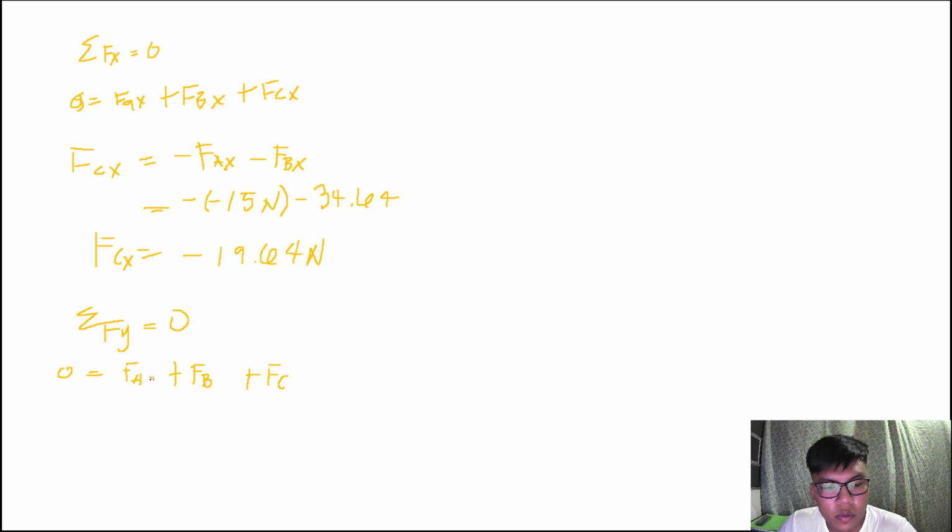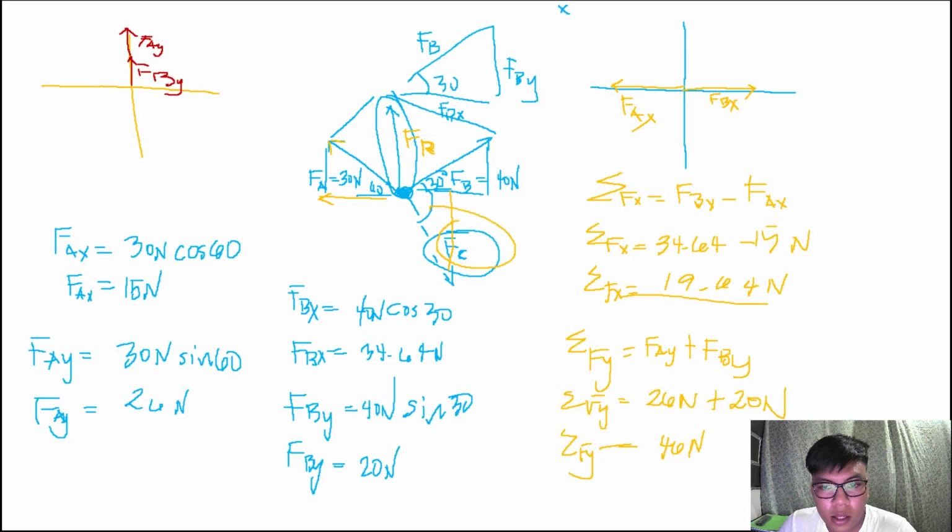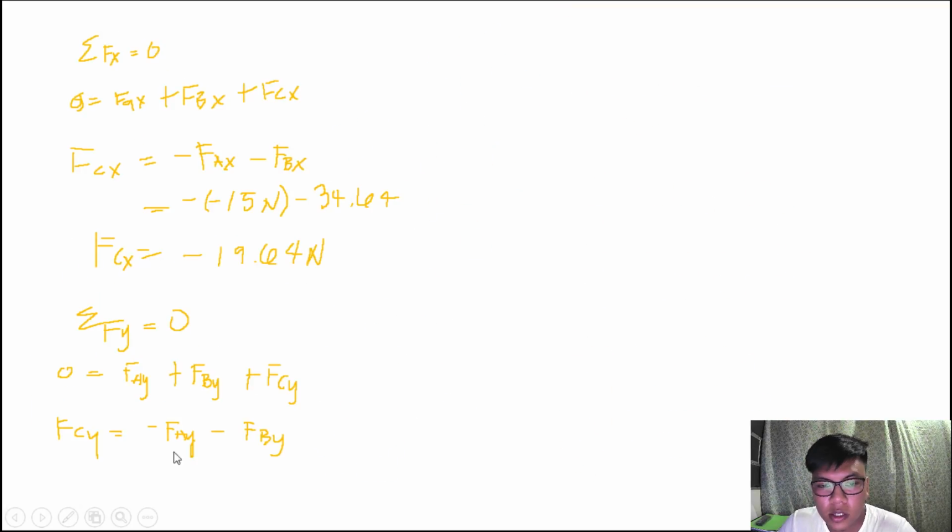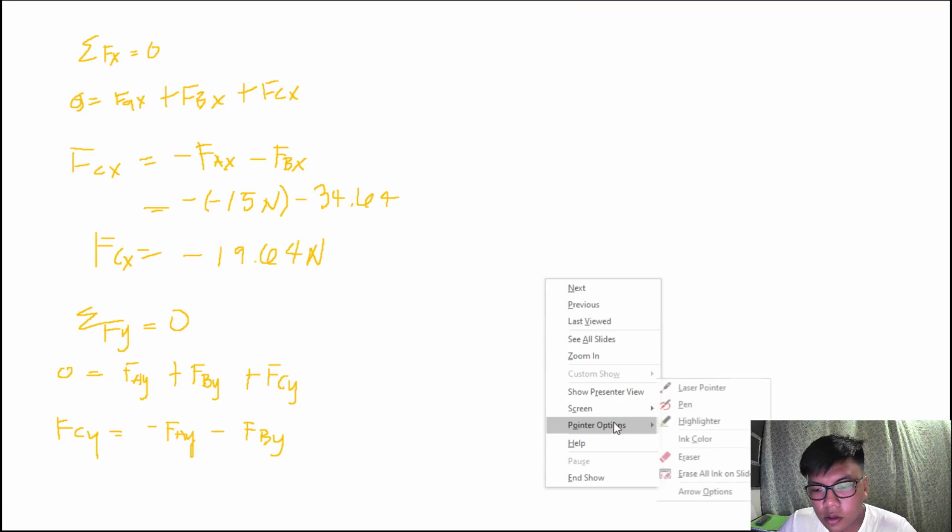We have F sub AY, F sub BY, F sub CY. So transposing, we have F sub CY now is equal to negative F sub AY minus F sub BY. Okay. So nakita natin, parehas positive yung ating Y component kasi parehas pataas. So wala mababago sa sign.